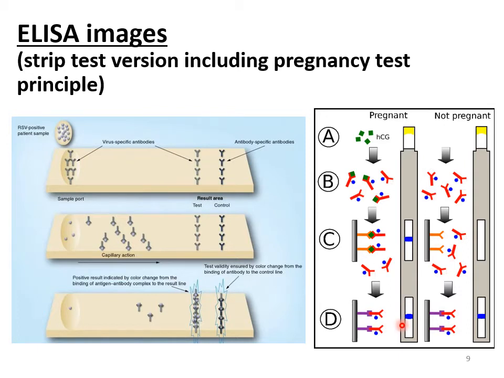Okay, so one more time, just to make sure this is all clear, if you look at it from this perspective, rather than on this diagram, you can see that the first portion of this ELISA strip will have a whole bunch of empty antibodies specific to whatever you're testing for. So in this figure, it's testing for this particular respiratory virus. In this area, the antibodies that would be present are specific to HCG. Okay? You then apply the patient sample, which will pull through capillary action these antibodies across the strip.